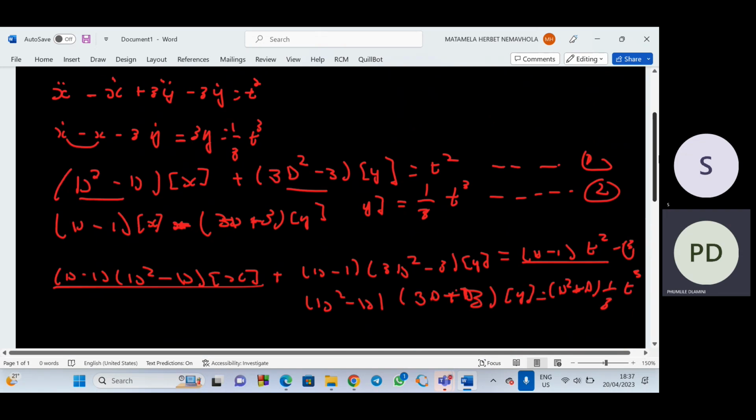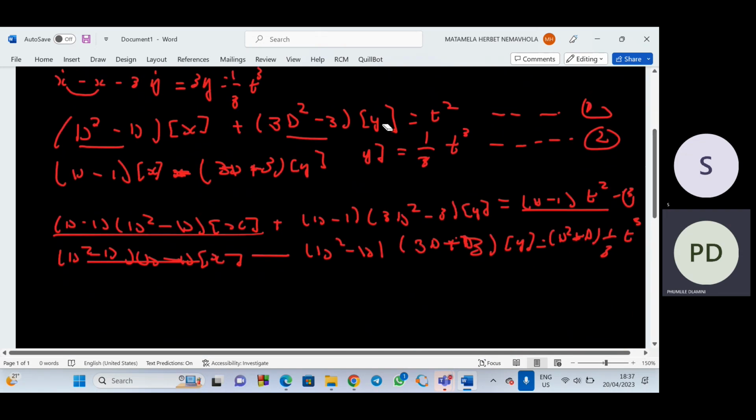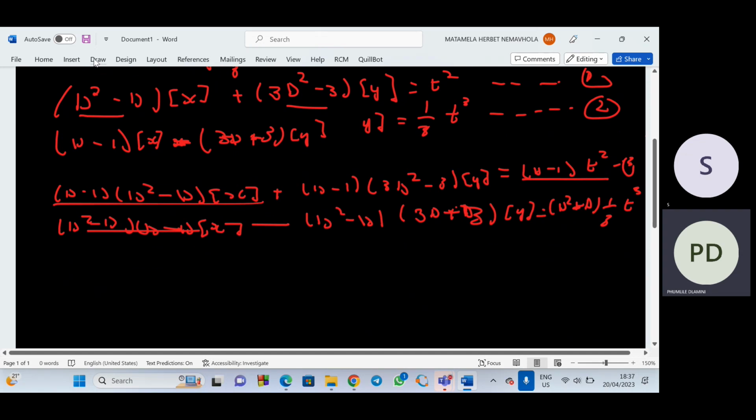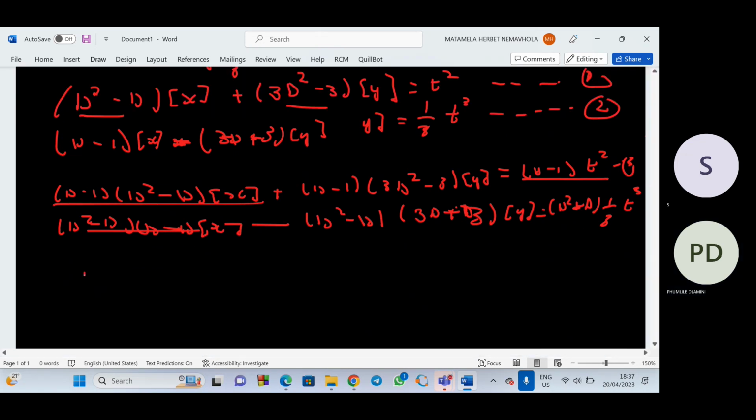So if I substitute in this equation number 1, I will use this one. My y of t equals 3. I'm going to have d minus 1 of x. Then plus, here we put 3, it's going to be 0. And then here when we put 3 again for y, it's going to be minus 3.